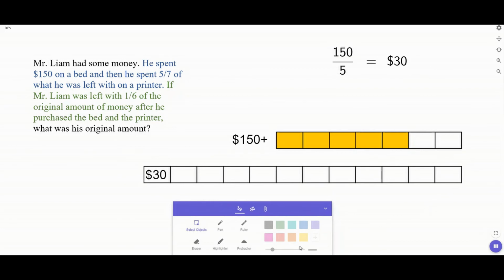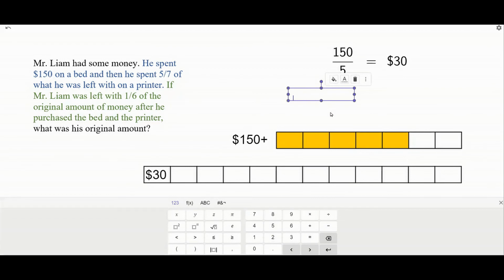So originally he must have had this much money. He had 30 times 12 boxes, and that's $360. That's the answer.